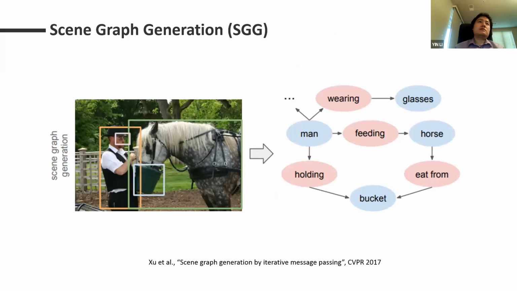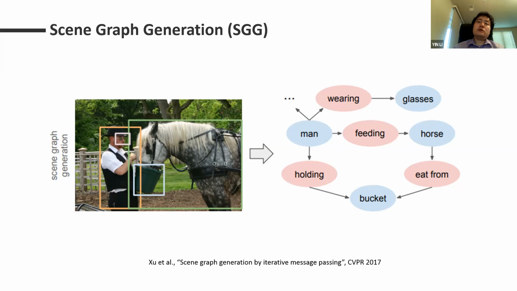So this task is called scene graph generation. Now here, this is a more challenging task. We assume that the algorithm is presented with only an input image, and the model is tasked to generate a graph, a graphical representation of objects and their relationships, from this input image.